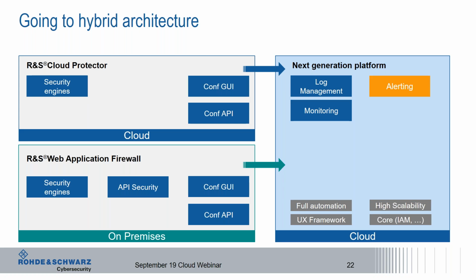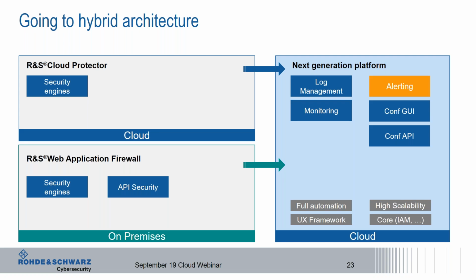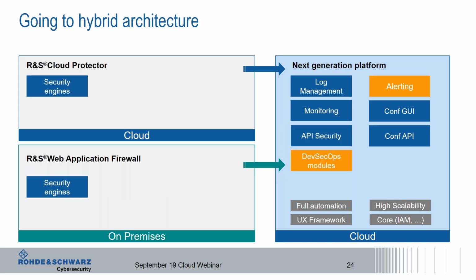We will do it in a lean approach, functionality by functionality. But at the end, you will have a new web GUI that you can connect to through your browser directly without hosting anything on your own premise. And at the end, what will stay on premise will be the security engines, because it can be important that they stay close to the application, and all the other capabilities will be on our next generation platform.